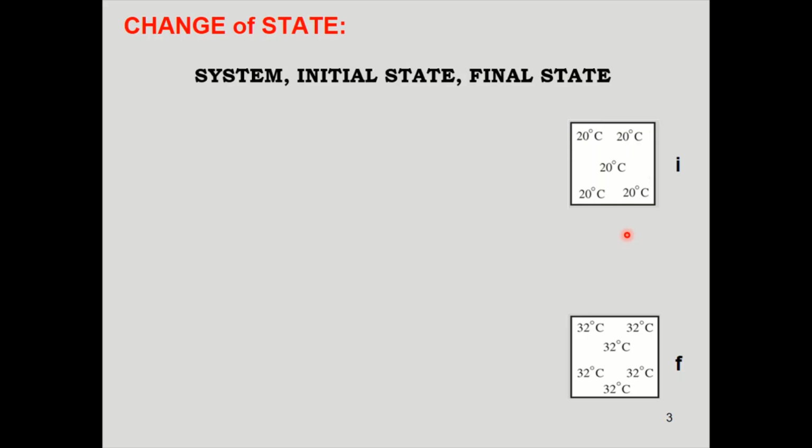No, we don't, because while this change is taking place, temperature distribution throughout the system may not be uniform. There may be some set of values here, another there. Throughout the system, you can observe different values.